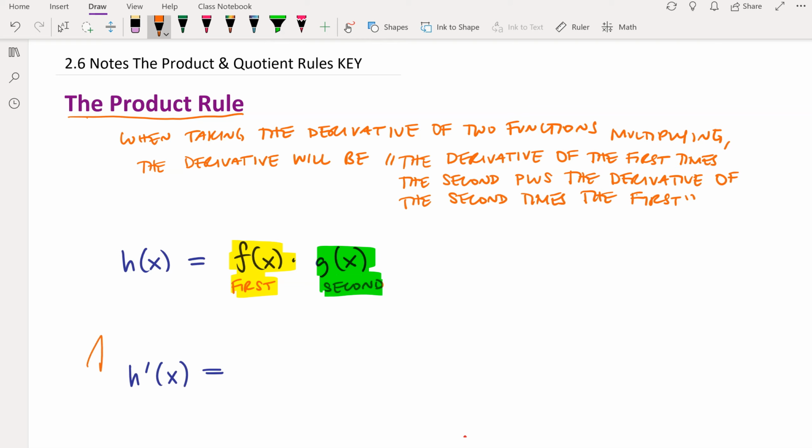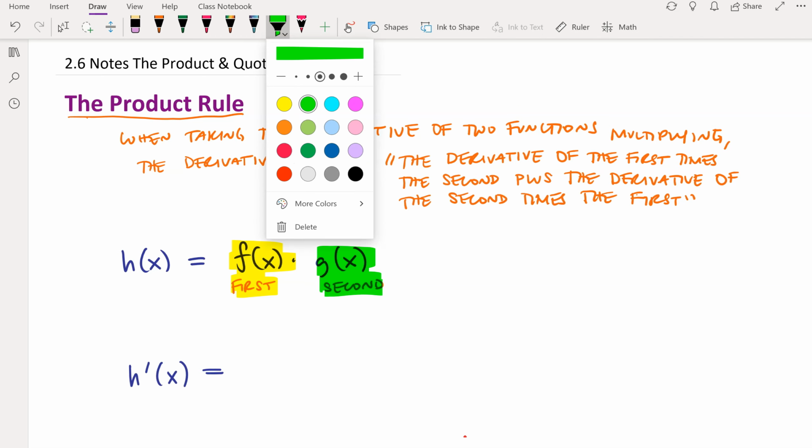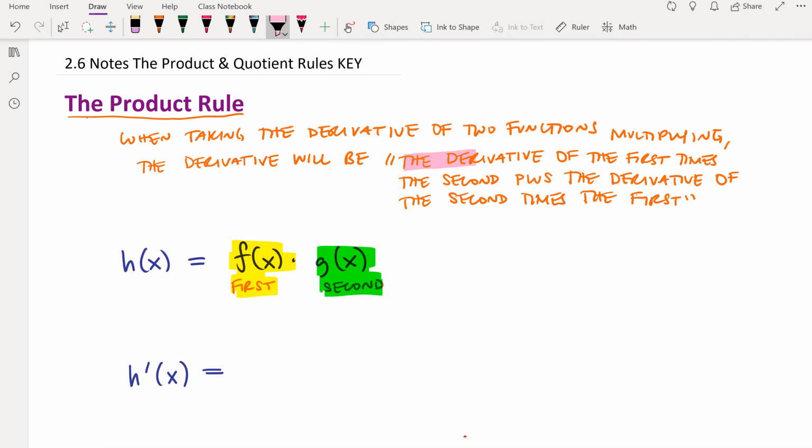Down here, we're going to take the derivative of h of x, which is h prime of x. The first thing we're going to do is the derivative of the first. What is the first function? The first function is f of x. So the derivative of the first is f prime of x, right?